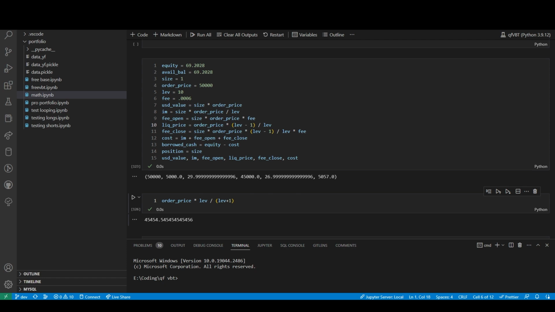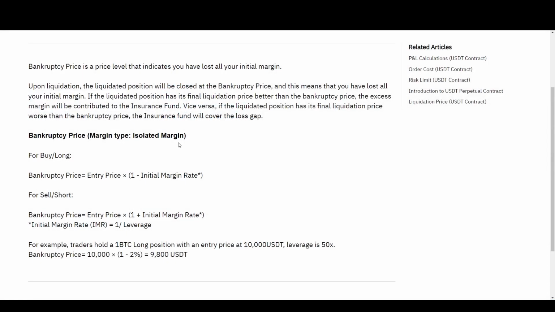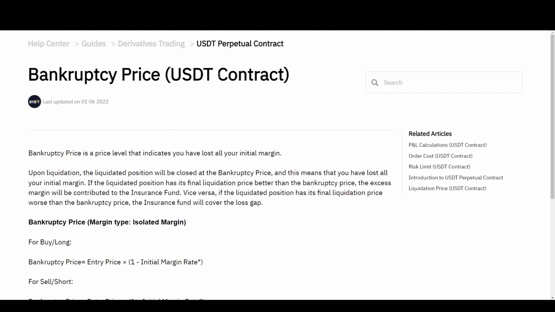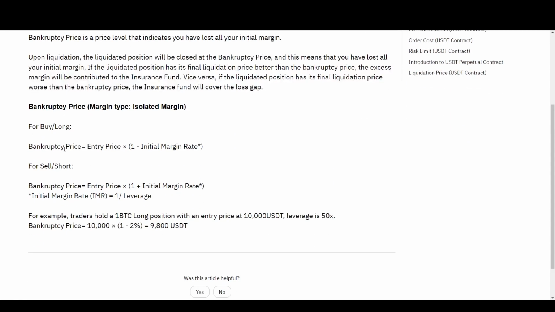Entry price times 1 minus 1 divided by leverage. You have the bankruptcy price that is completely different everywhere. Look at this. So for USDT contract, for buy, bankruptcy price is entry price times 1 minus initial margin rate.